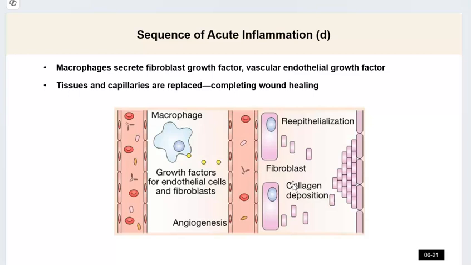At this step, the macrophages secrete the fibroblast growth factor and the vascular endothelial growth factor. And so now we've got again re-epithelialization, the cell wall is closed, the tissues and the capillaries are replaced, and now we have that complete wound healed.